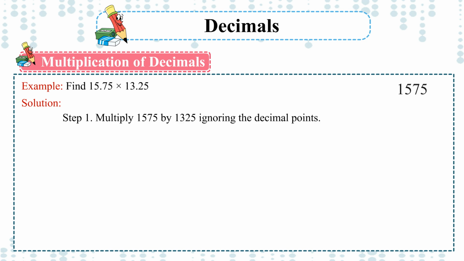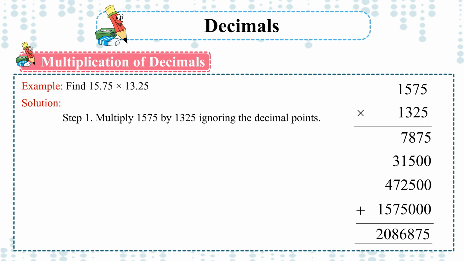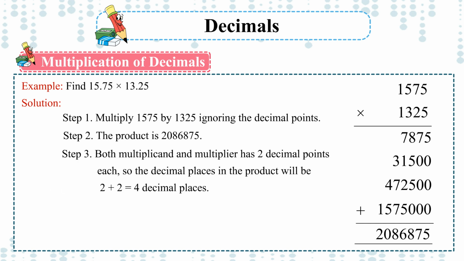Solution. Step 1. Multiply 1575 by 1325 ignoring the decimal points. Step 2. The product is 20,86,875. Step 3. Both multiplicand and multiplier have two decimal places each.